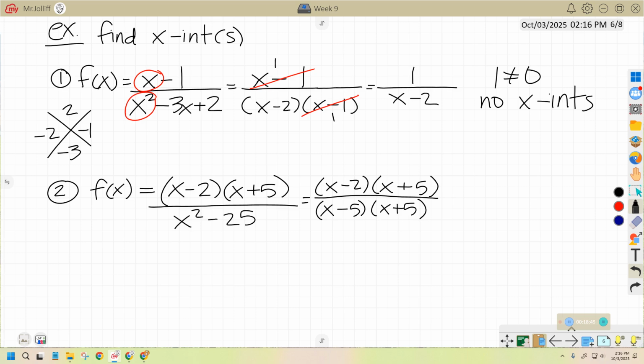That's a difference of squares pattern. We've seen that before. When I reduce, x plus 5 on top, x plus 5 on bottom go away. I have a removable discontinuity, a hole, at x equals negative 5. I have a vertical asymptote at x equals positive 5. Where do I have an x-intercept?